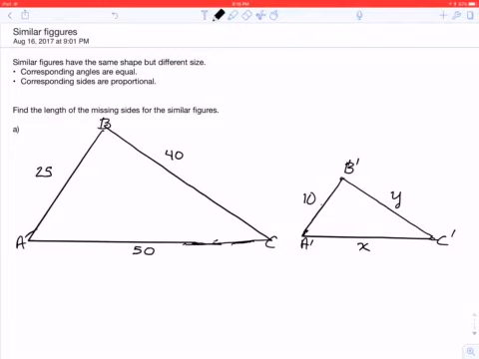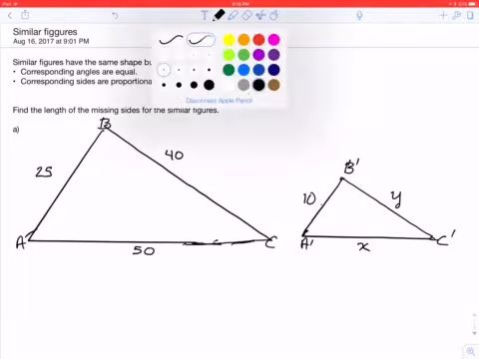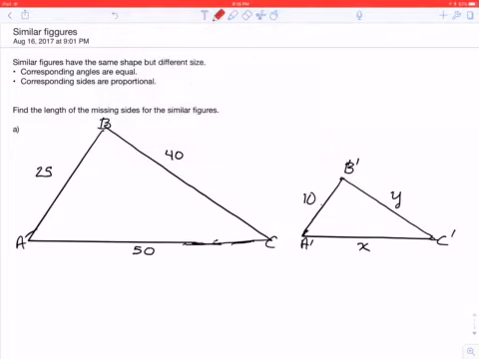So to find the measure of side x, I'm going to make a fraction of x from the smaller figure over the side that corresponds to it from the larger figure.